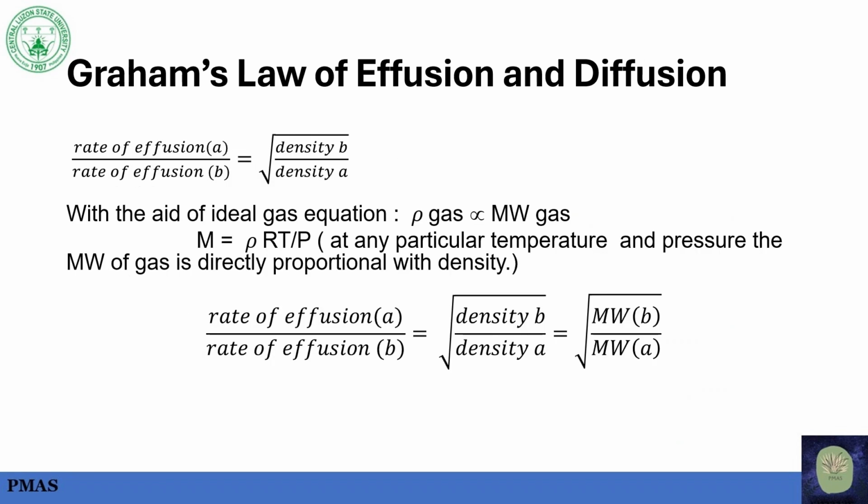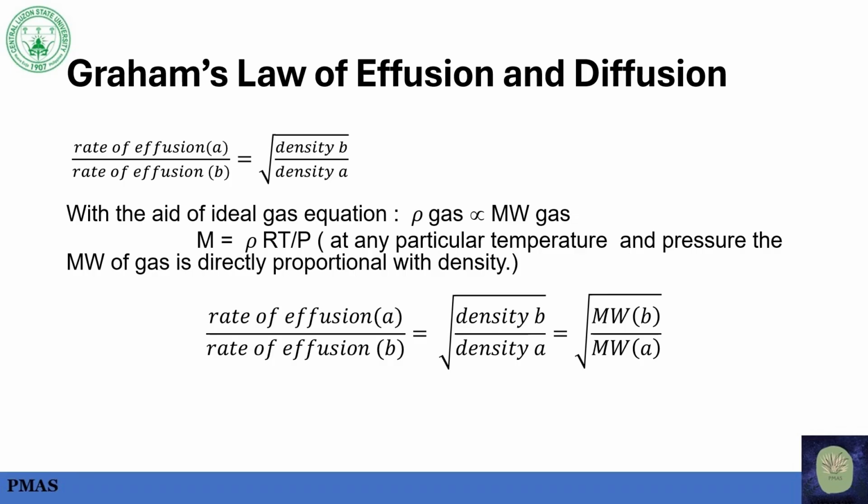Now, mathematically, that is presented as the rate of effusion of A over the rate of effusion of B is the square root of the density of B divided by the density of A. Now, applying the ideal gas equation, at any particular temperature and pressure, the molecular weight is directly proportional to density, meaning if the density increases, so does the molecular weight.